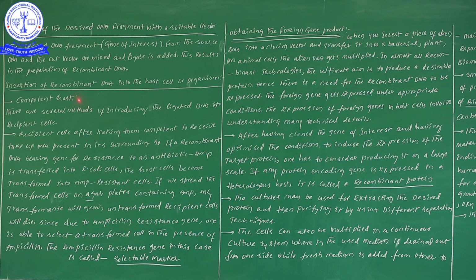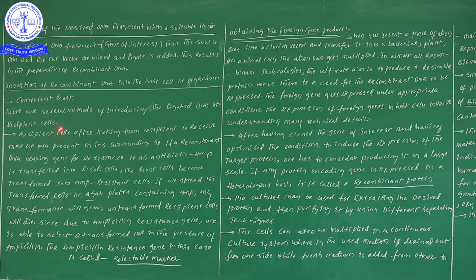At that time the recombinant DNA as well as the host cells we have to place on ice. Later at 42 degrees centigrade we give heat shock treatment, and later ice treatment, and definitely this particular host receives the recombinant DNA. Point you understood or not? That is the information we have seen under competent host.